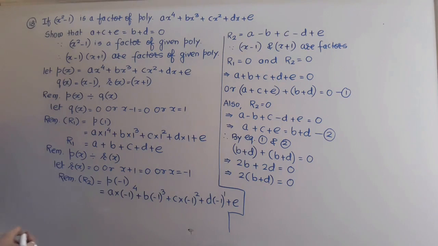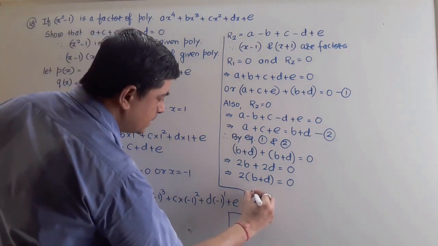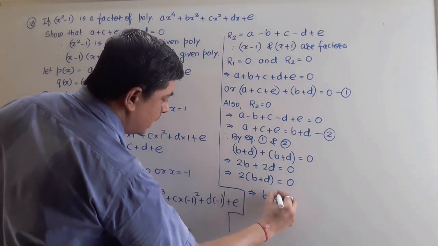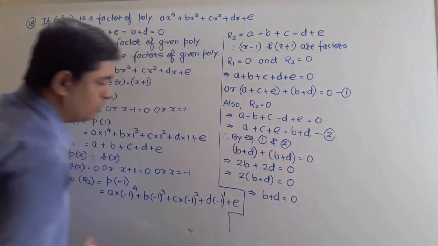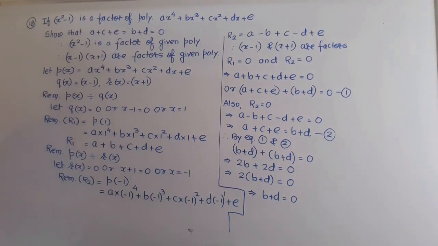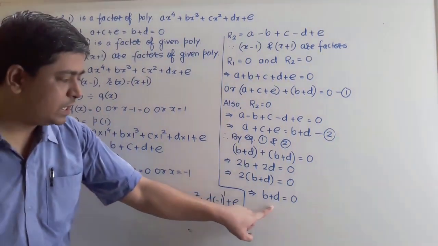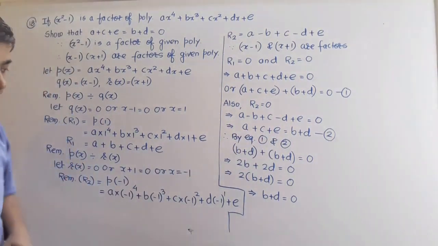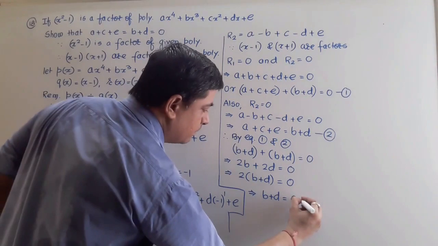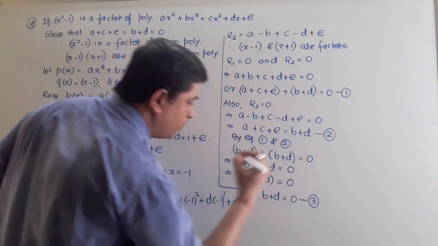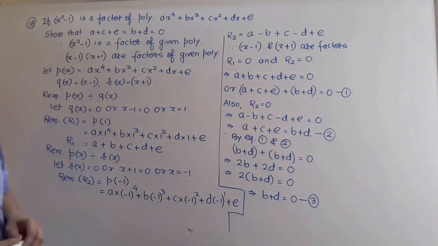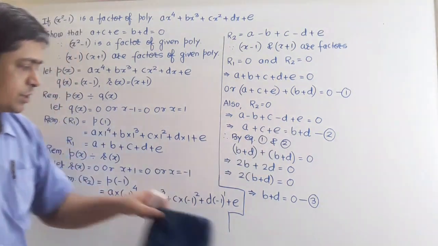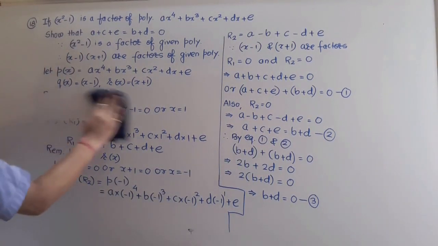So the remaining part will be here. Then I can say that b plus d will also be 0. Now if b plus d is equal to 0, then a plus c plus e will also be 0. Okay, so this I can say is equation number 3, and from equation number 3 I am keeping the value in the second equation. So the remaining part, let me solve here.